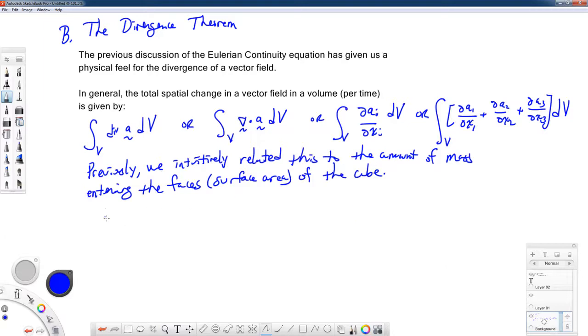We don't have to be restricted to a cube, though. Notice this volume integral is over some volume, and so more generally, we can express this as, and let me start on a clean page here.